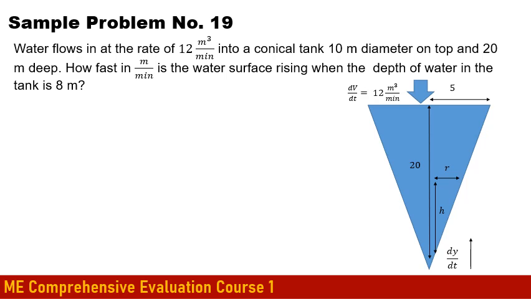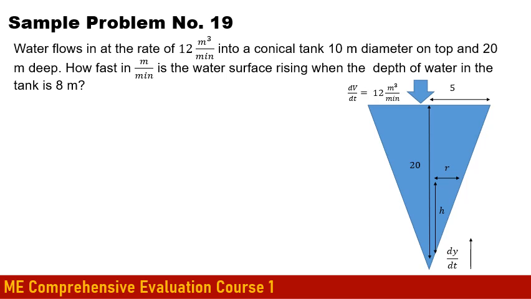And the change of the radius of the water as the height rises is also illustrated here. The dy/dt, on the other hand, is what we are looking for, or how fast the water surface is rising.